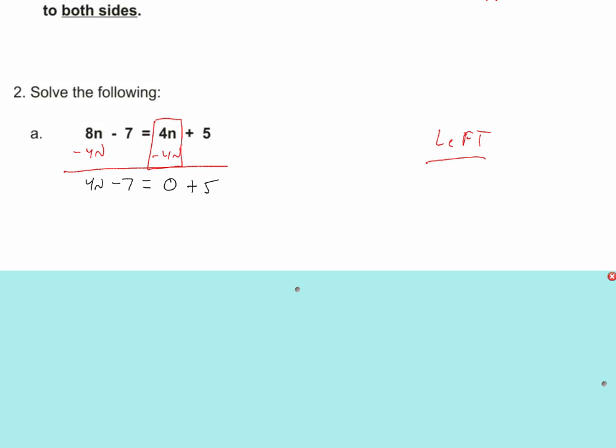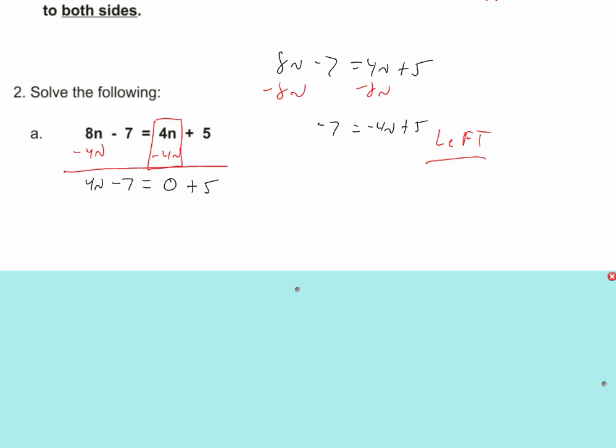Look, here's the reality. Stop clicking. Don't write this in your notes. Now, either way would work, but look, if I move the 8n, don't I have to add a negative 8n to both sides? So look where we end up here. Negative 7, which I don't care about. I can't control that negative 7. But look, now my n's are negative. Let me ask you this.